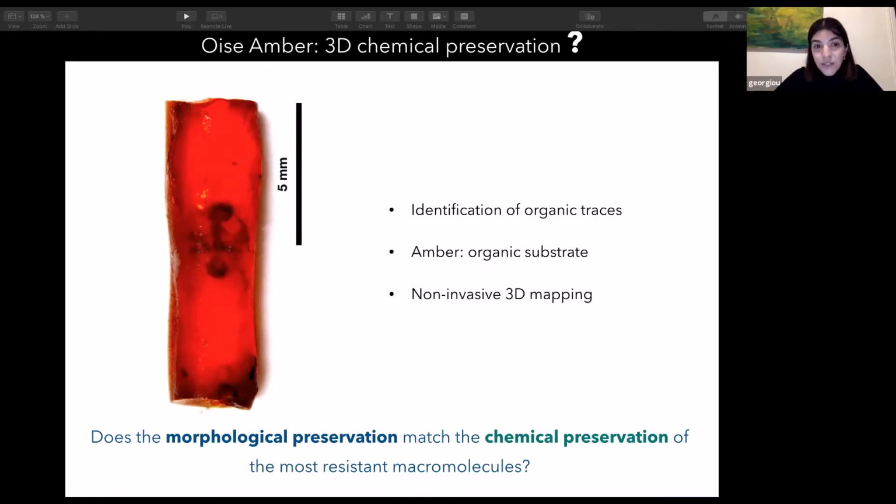This is a 56 million years old fossil belonging to the Natural History Museum of Paris in France. And we wanted to do that in a non-invasive way.